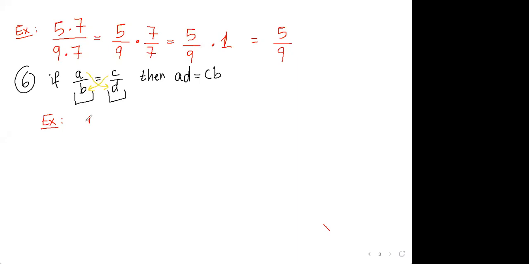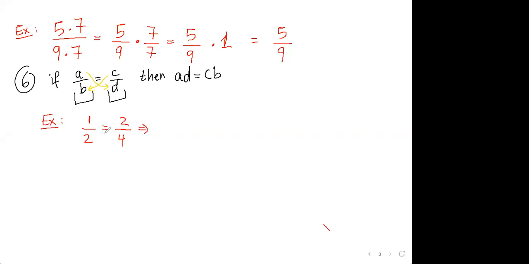So here I have a student. He said 1/2 is equal to 2/4. This fraction is different from this fraction, but both of them are equal. Look, A, B, C, D are different numbers, but both fractions are equal.